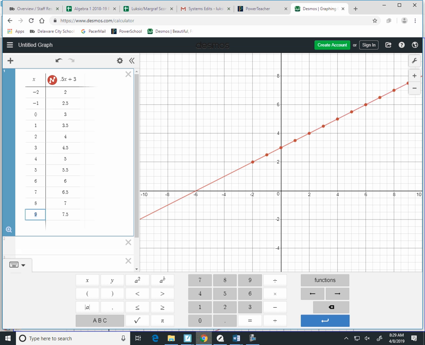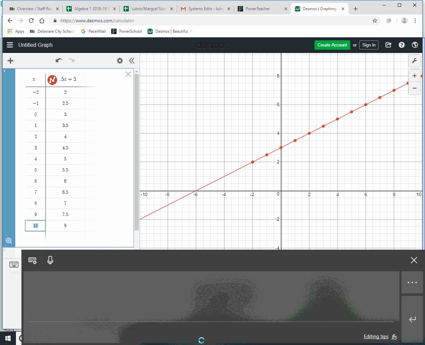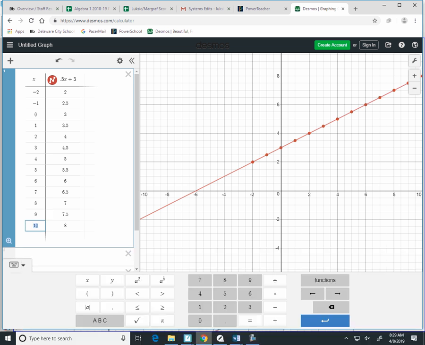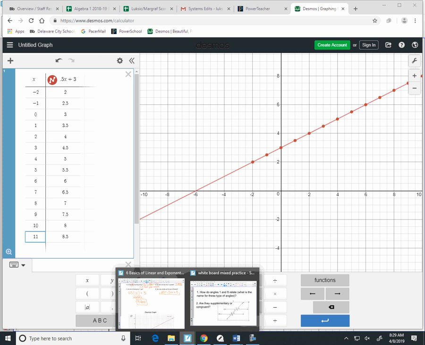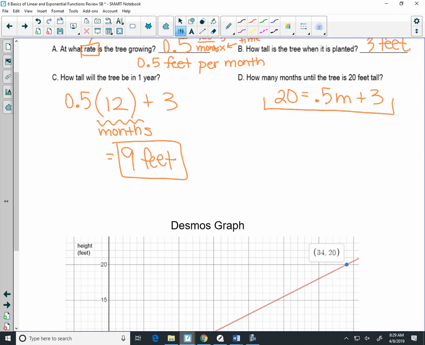I don't know why it does this in this period. It never does it in another period. And just keep going. So you're just hitting this blue down button to give you your next. So it's going to take a while. Your x is going to be 34. That's probably the least work there. I'm going to give you the path of least resistance there.